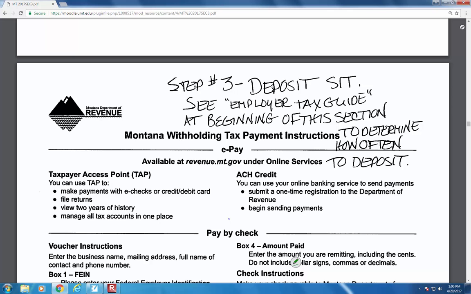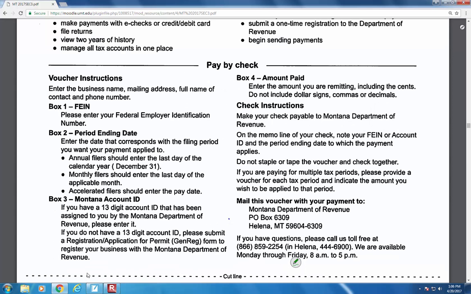Okay. How do I deposit? That's what this is telling me. You can either do it the old-fashioned way, which is mailing a voucher or a coupon. We're going to take a look at those. Or what most people do anymore is you do an EFT, which is an electronic fund transmission, where they just take it right out of your account and deposit it in the Department of Revenue.